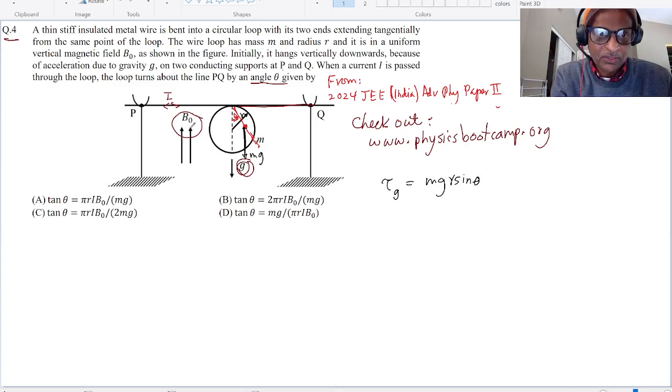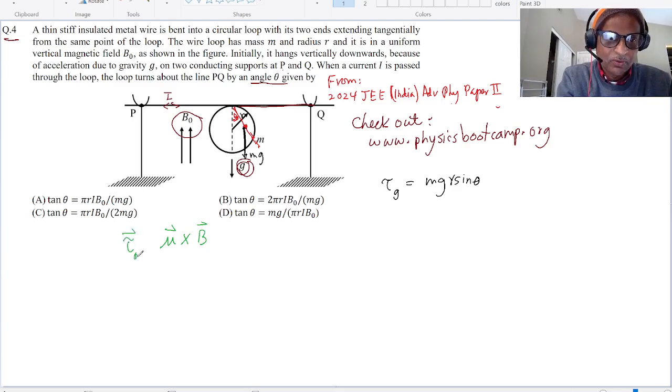How do you get the torque from B0? We are not going to just do an IL cross B kind of force. One way to do it is mu, the magnetic moment of this loop, cross B. That gives the torque on mu. And what is mu?